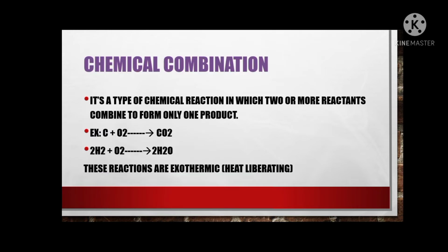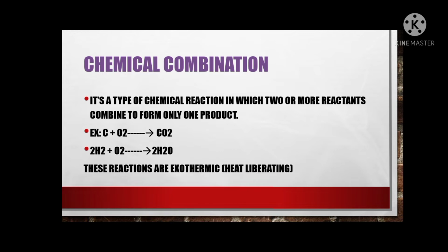Chemical combination is a type of chemical reaction in which two or more reactants combine to form only one product. Only a single product is formed due to the reaction between two or more reactants. For example, carbon and oxygen are the reactants. When they undergo chemical reaction, these two reactants produce a single product, that is carbon dioxide.